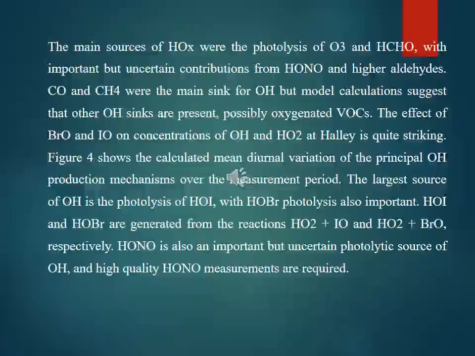The main source of hydroxyl radicals was the photolysis of ozone and formaldehyde. Formaldehyde is used here as a volatile organic compound, with an important but uncertain contribution from HONO, which means nitrous acid, HNO2, and higher aldehydes.